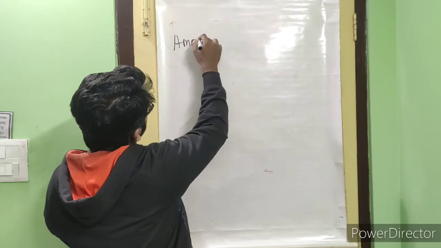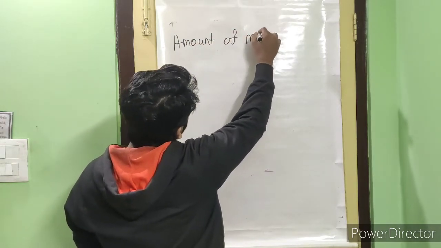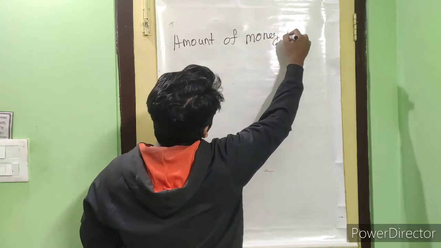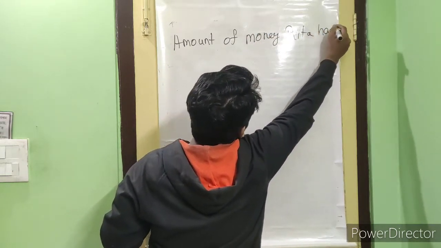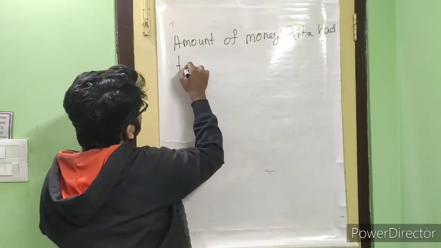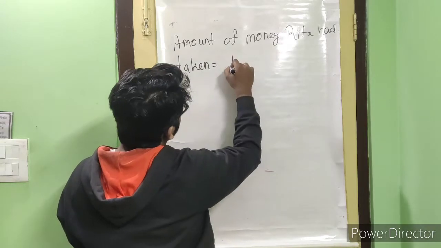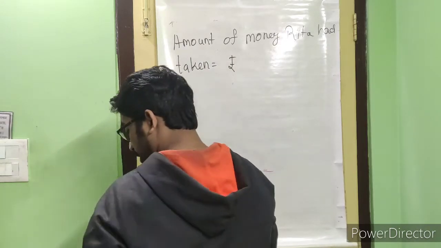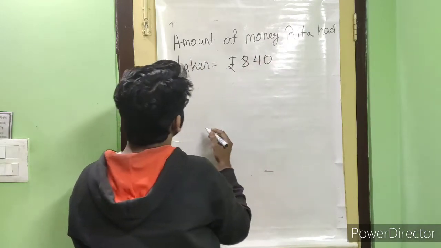So amount of money Rita had taken equals to rupees 840.